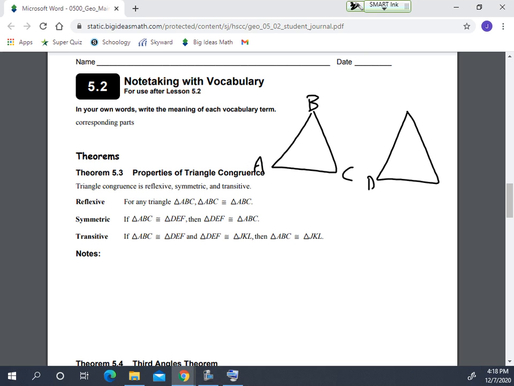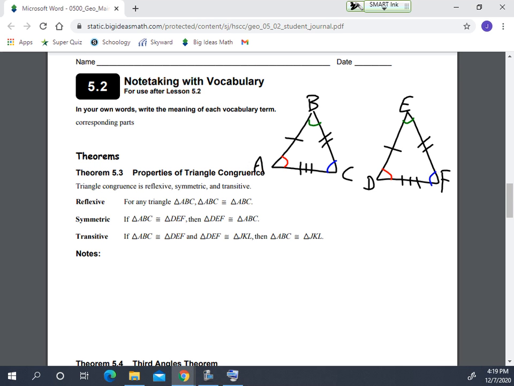We have D, we have E, we have F. Okay, let's say angle A and angle D are the same. Angle B and angle E are the same. And angle C and angle F are the same. Okay. Not only that, let's say AB is congruent to DE. Let's say BC is congruent to EF, and AC is congruent to DF.